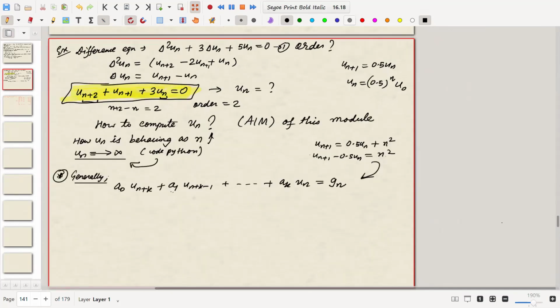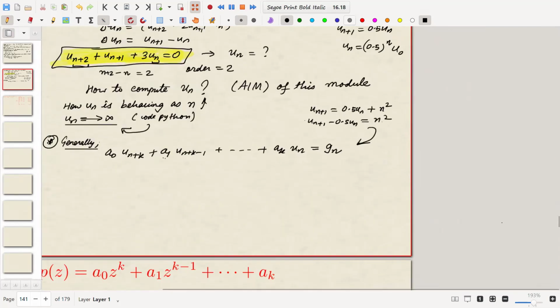So the difference equation will tell you the time complexity of your code, whether it is order of n square or n cube number of multiplications.